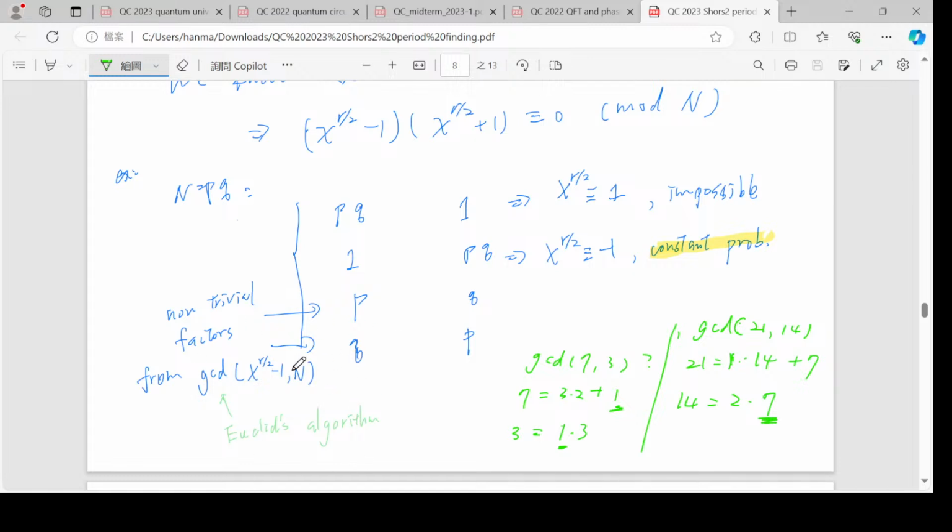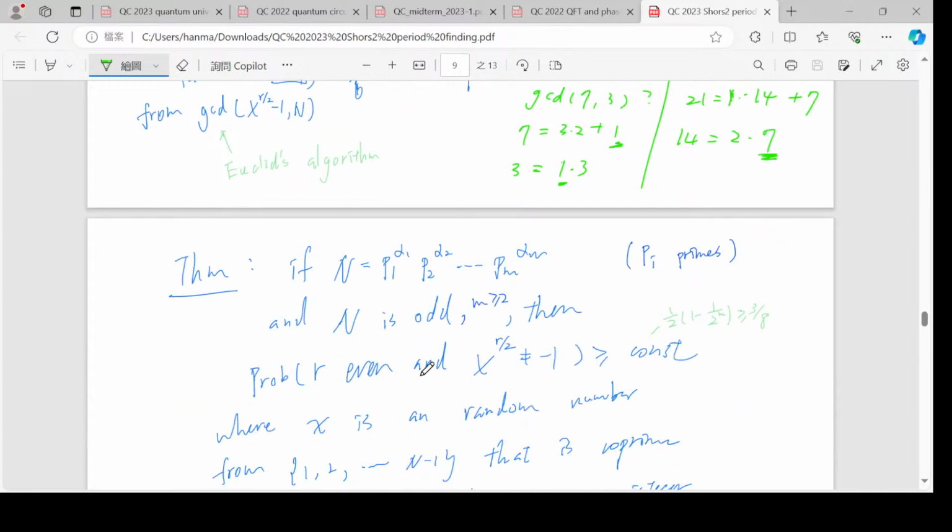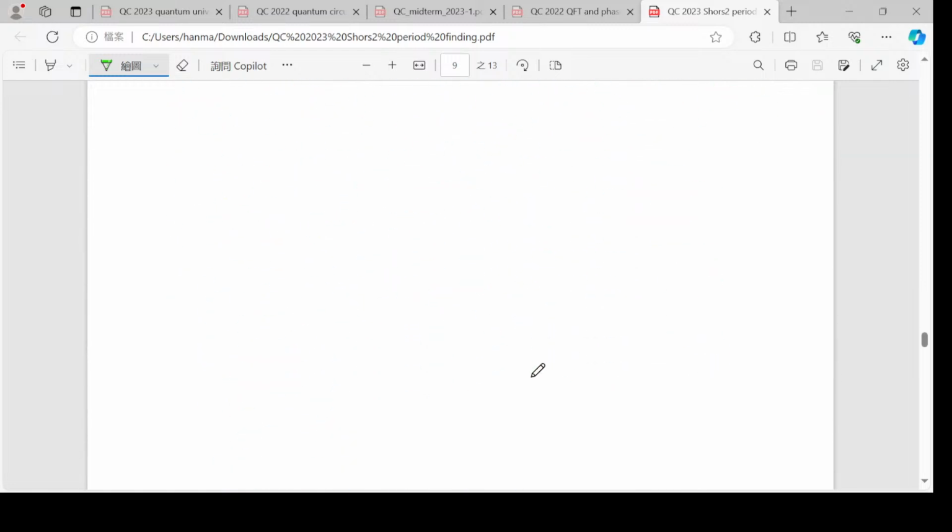You just keep dividing two numbers sequentially. It's called Euclid's algorithm. So that's the review.